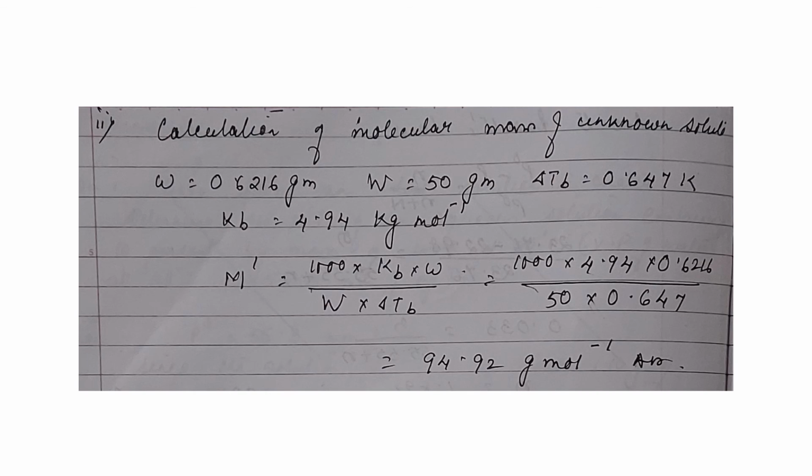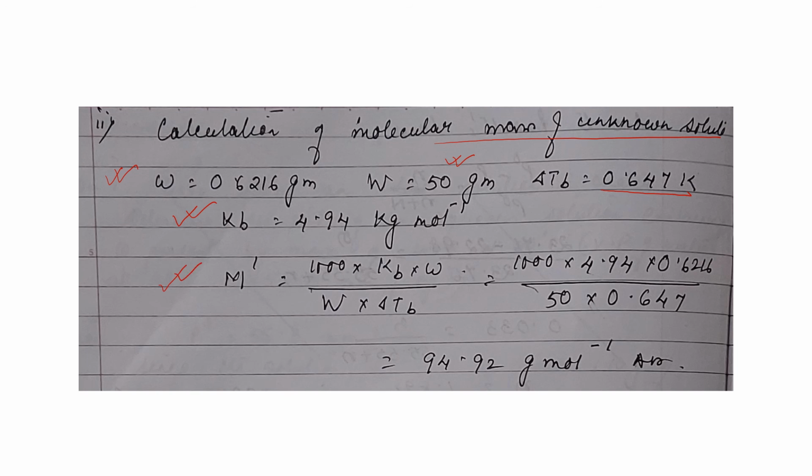Now you have to calculate the molecular mass of the unknown solute. For that, small w is 0.6216 gram. This is the mass of the unknown solute given. Capital W will be the same, that is 50 gram of the solvent, the same mass of the solvent as said, and delta TB is also given, that is 0.647 Kelvin, and Kb we have got as 4.94.